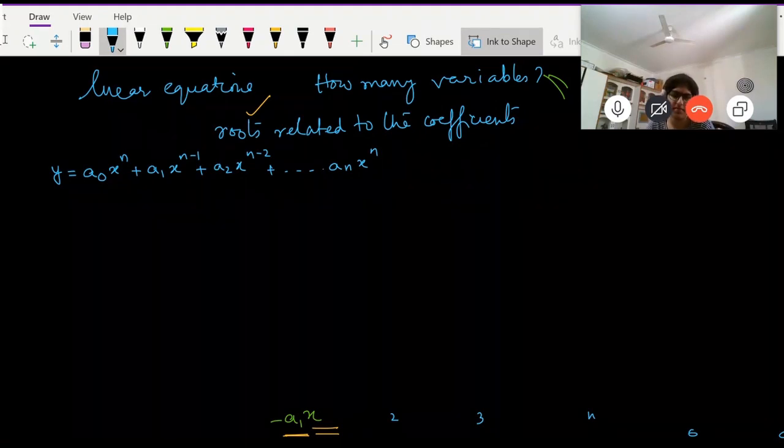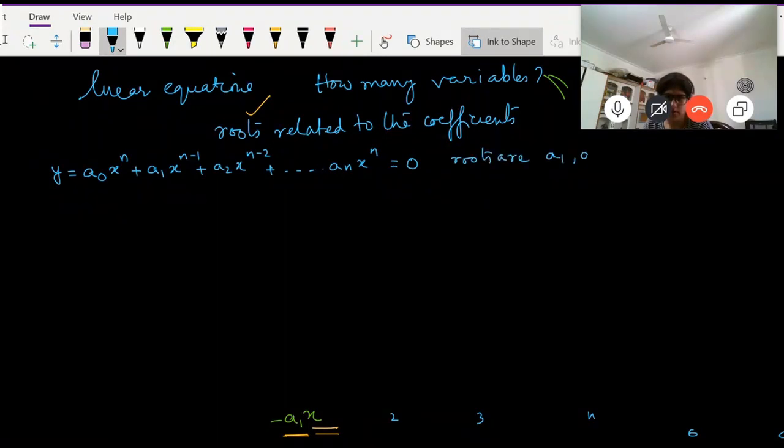In order to find the roots of the equation of this expression, we have to equate it to 0, and by doing that, let us assume that the roots are a1, a2 all the way up to an, right?